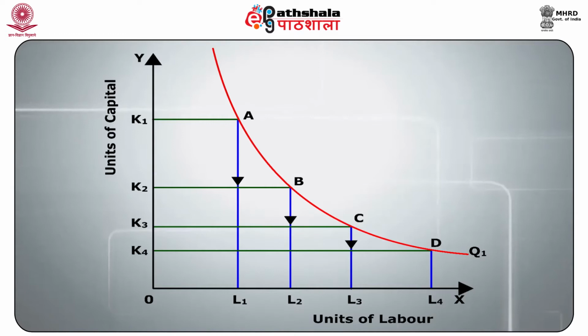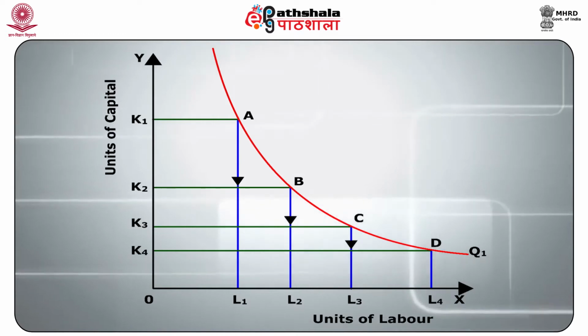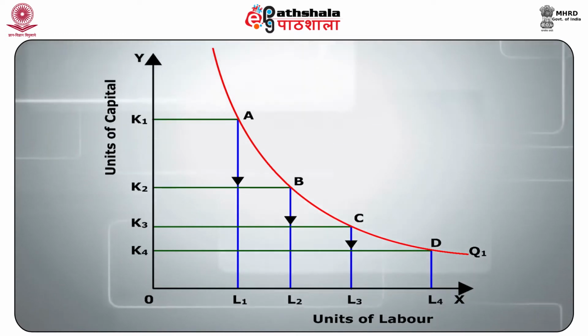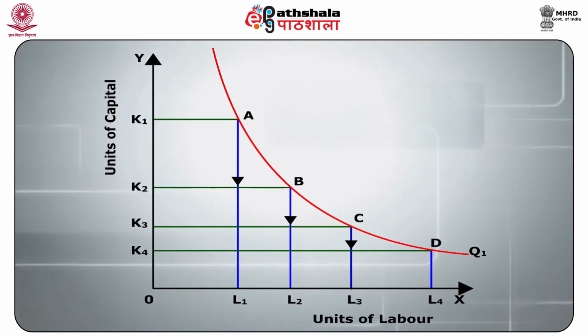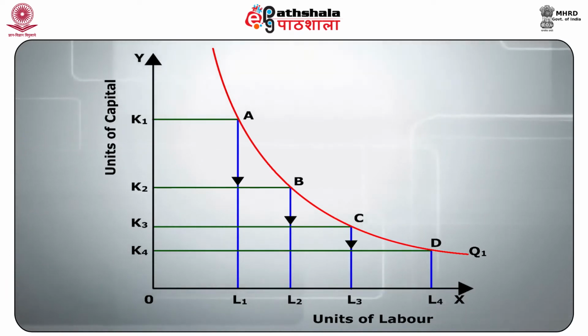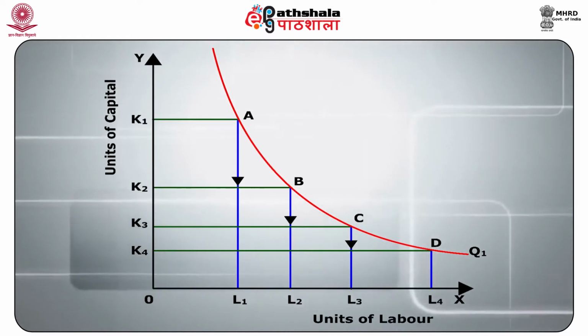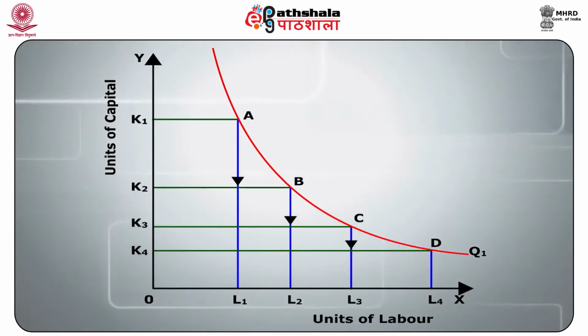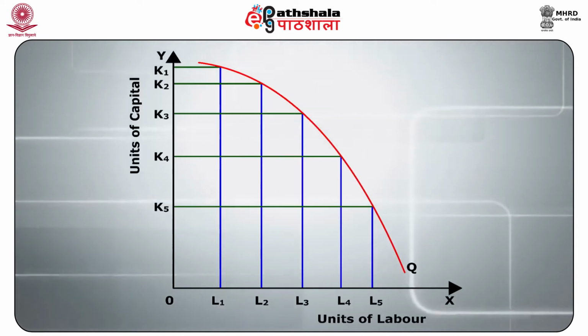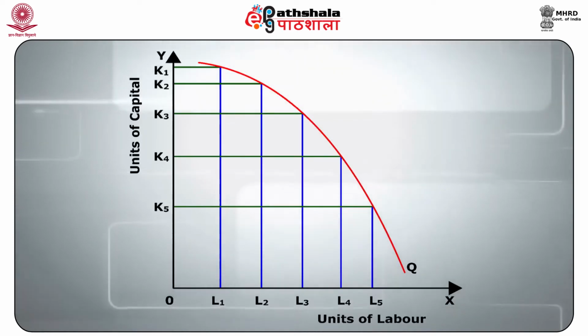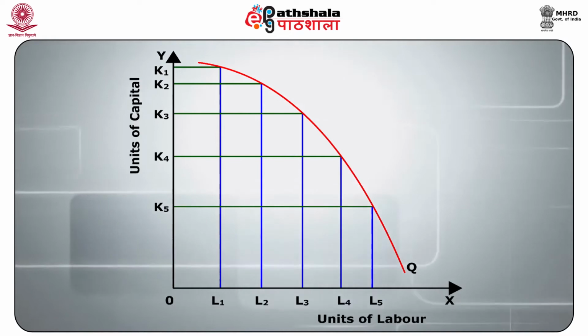Along downward sloping isoquant, marginal productivity of labor decreases with the increase in units of labor, and simultaneously marginal productivities of capital increase with the reduction in the units of capital. Thus, lesser amount of capital is required to keep the output constant. If the isoquants are concave to the origin, this means that MRTS is increasing.